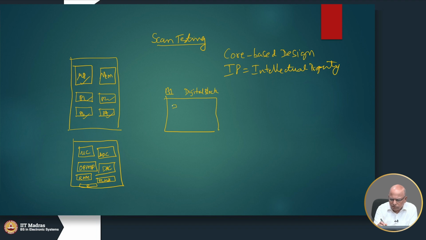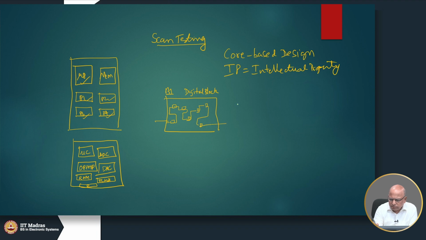It may have a number of flops, and there may be a scan chain. Okay, this is known as a scan chain, maybe I have never used that terminology before.